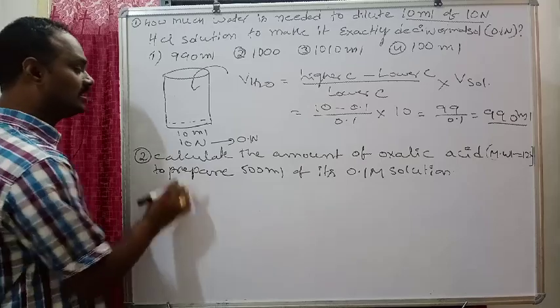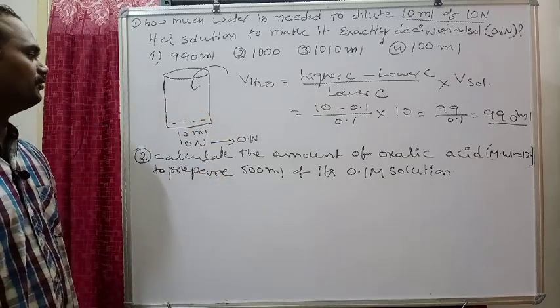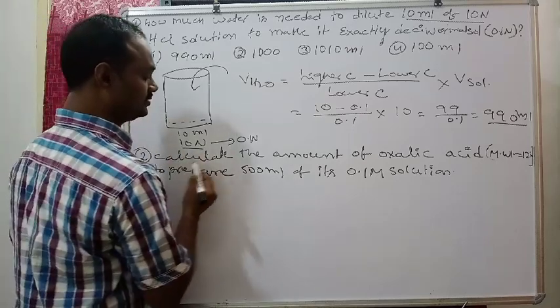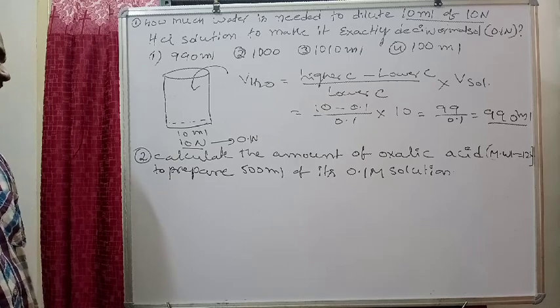Means for this 10 ml, if you add 990 ml of water, this 10 N concentration turns into 0.1 N. Is it clear?